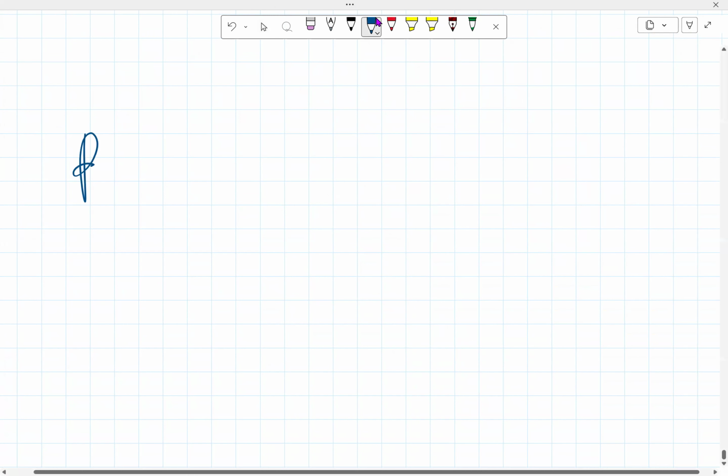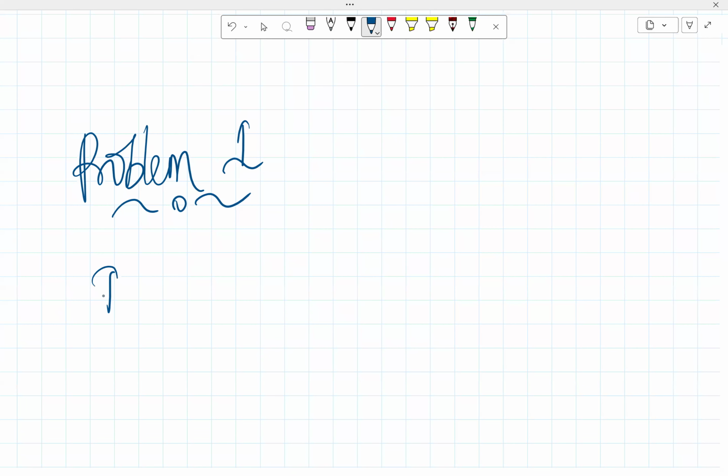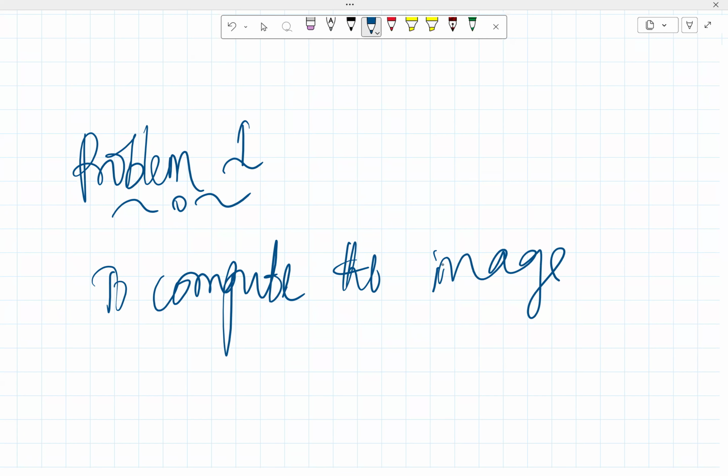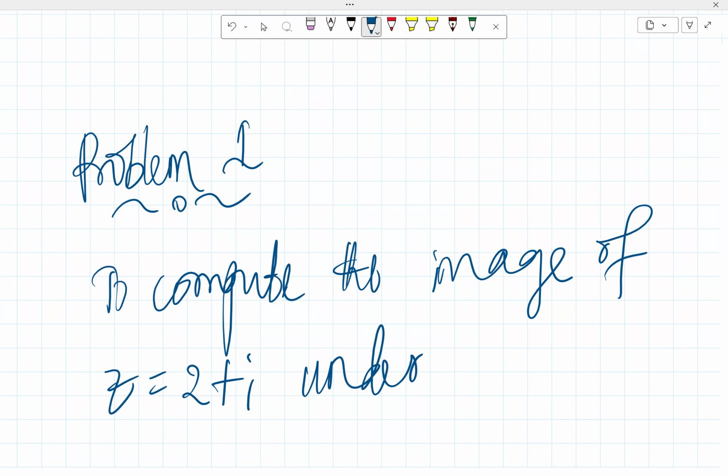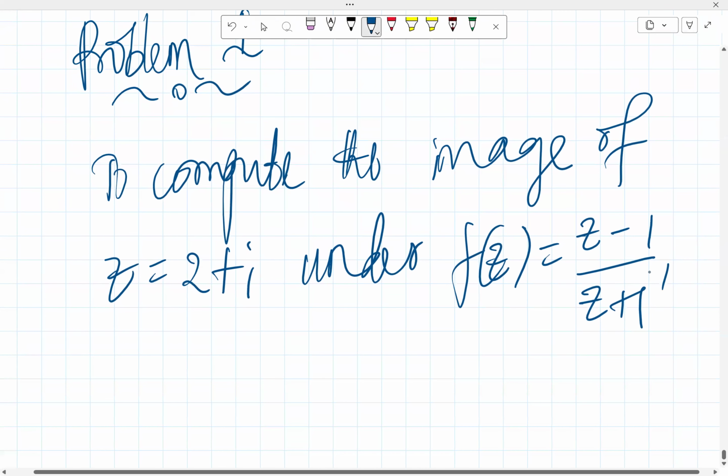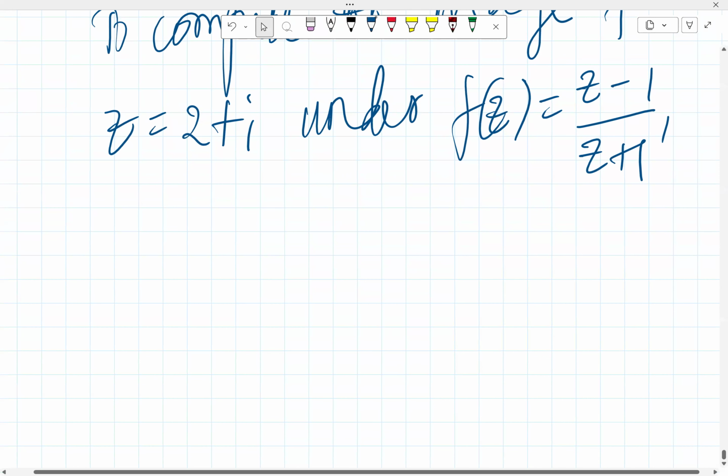Problem one. We want to compute the image of z equals 2 plus i under f of z equals z minus 1 all over z plus 1. Okay, so to compute that, what do we do?